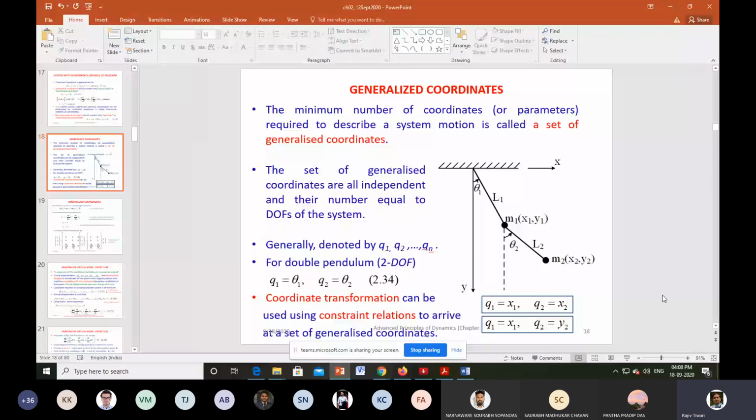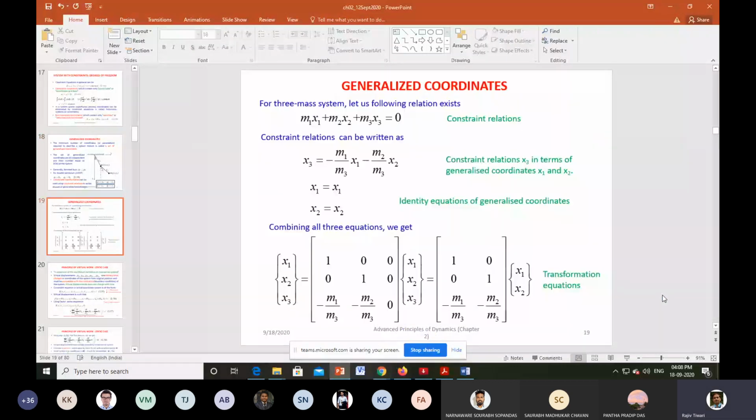Here one typical example of the coordinate transformation is given. Actually, it is not related to the previous pendulum problem, but let us say we have a relationship between the three coordinates x1, x2, x3 given by this equation. That is a constraint equation.